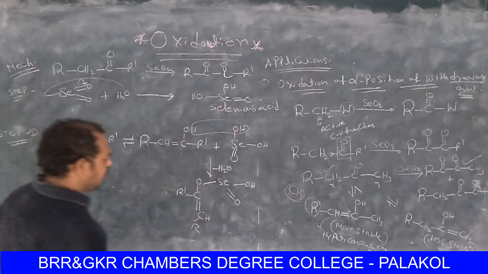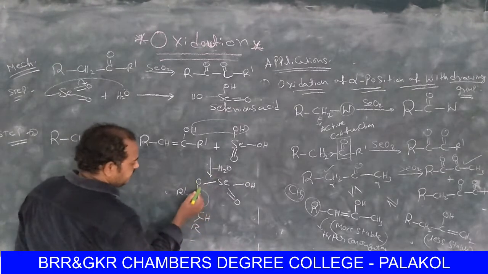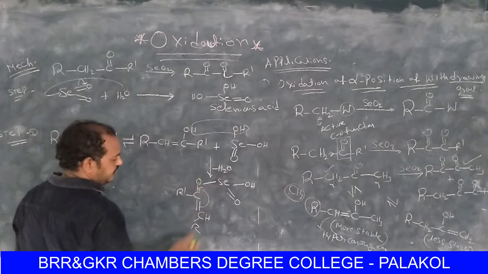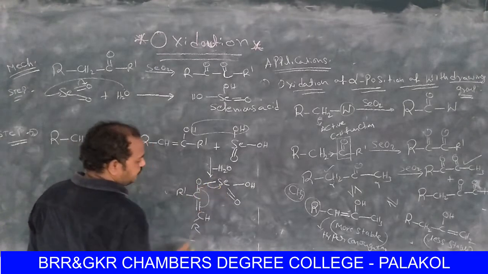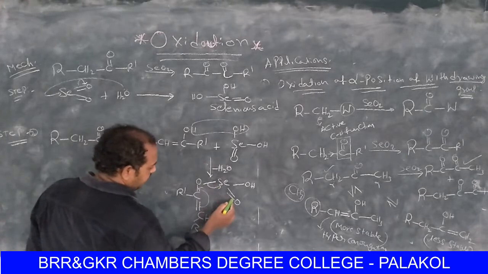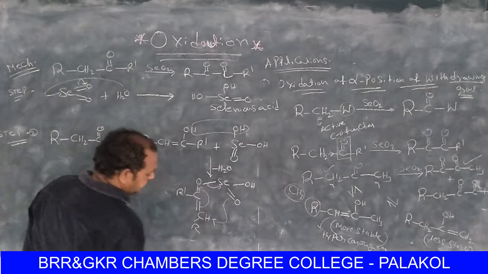And next, what is happening? This bond is forming a C double bond over here, and this bond is shifting toward the selenium, and this bond is again bonded with the CH.